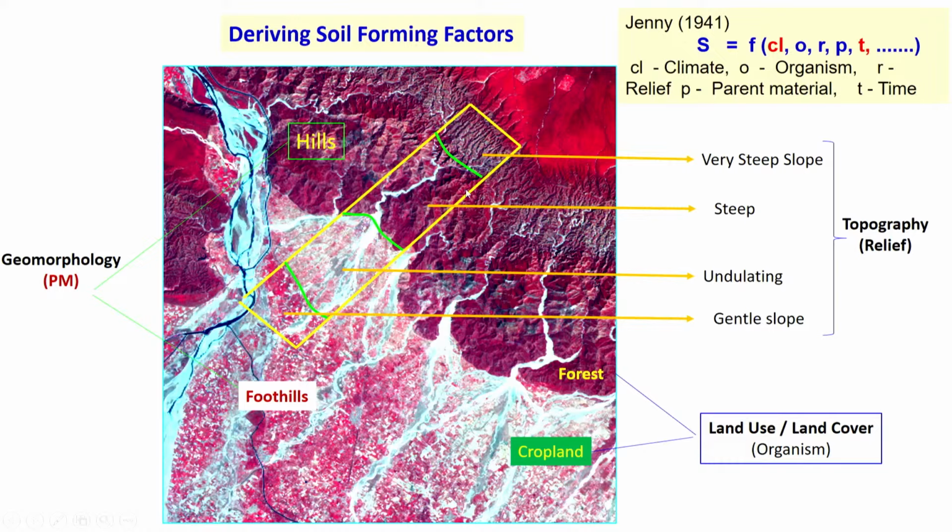Where this is the forest land, this is the crop land, this light red is a crop land, and scrub land with different bushes, that also you can interpret. So I can generate the soil forming factors map, which we can use for mapping soil.